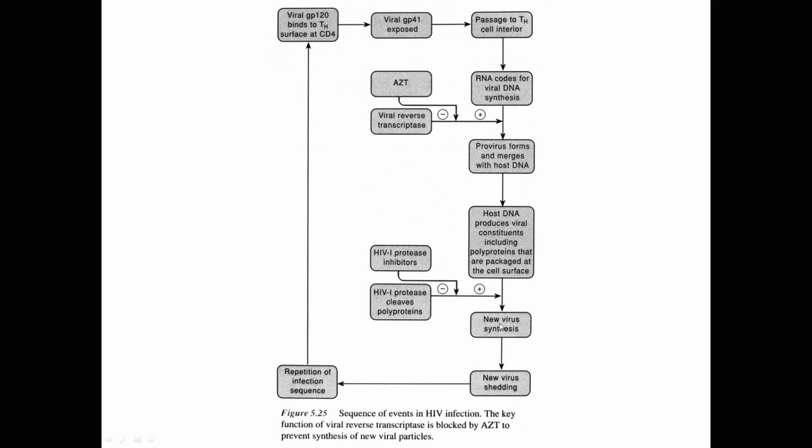New viral synthesis finally will cause destruction of the host cell and release of new virus particles. Thus, repetition of the infection sequence will allow the virus to invade more and more T helper cells.